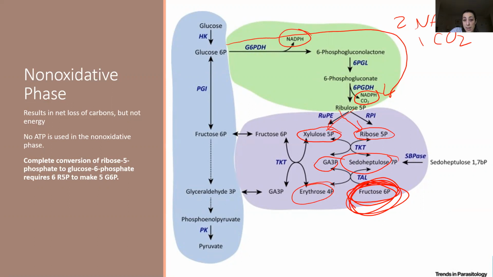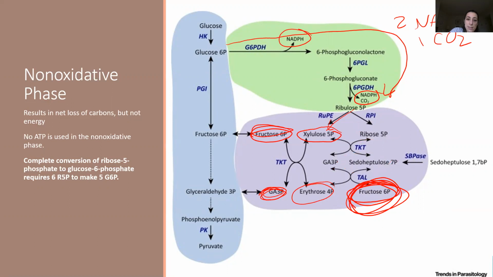Erythrose 4-phosphate can then further be made into a glyceraldehyde 3-phosphate, which can go into glycolysis, yay, and 1 fructose 6-phosphate, which also can go into glycolysis.